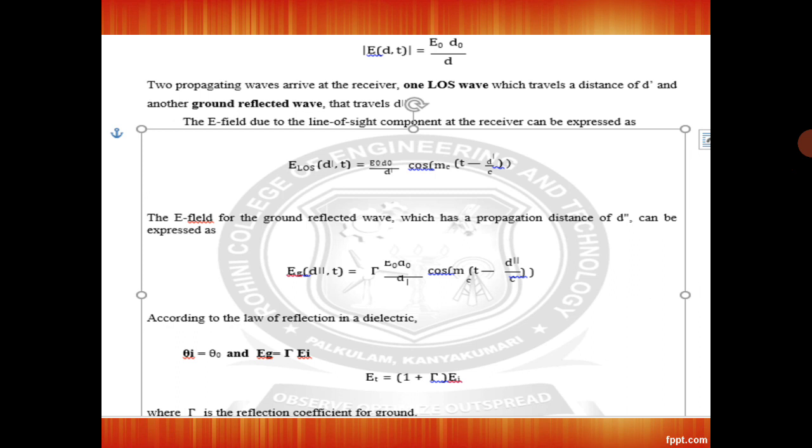Here the propagating waves can arrive at the receiver as the line of sight wave, which is at distance d. So at distance d, E LOS(d, t) is equal to E naught d naught divided by d into cos(omega c times (t minus d by c)).